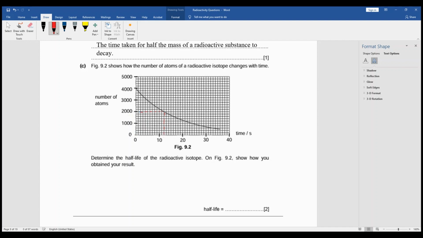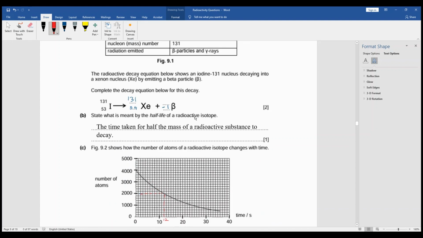I can't use a ruler here, so this is 12. In the working, I'm just going to use a pen. We can do half-life, so it's just 12 minus 0 equals 12 seconds. Okay, so the answer is just 12 seconds. You can pick any other points. Whatever answer you get, as long as it makes sense, you should be given the marks.